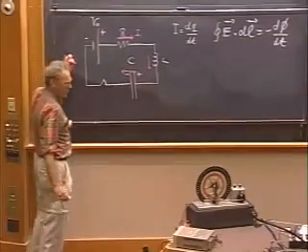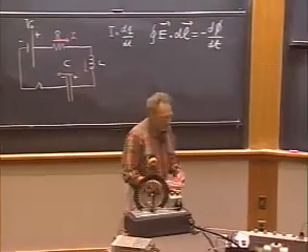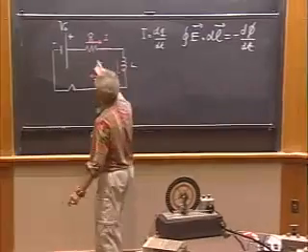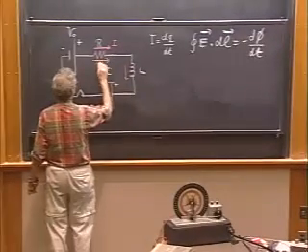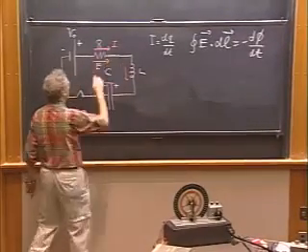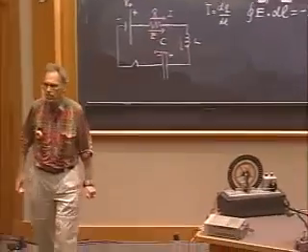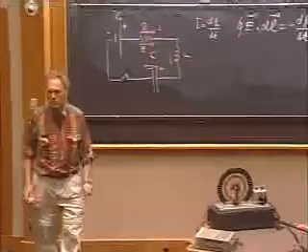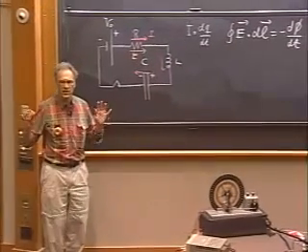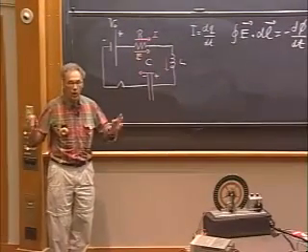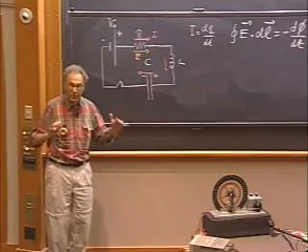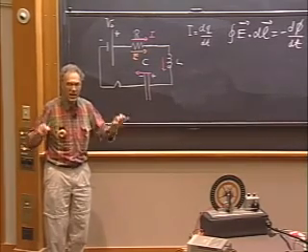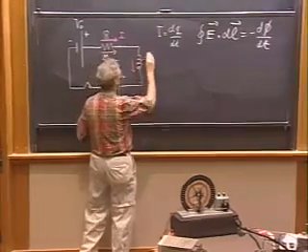And so I want to know what the E vectors are in each one of these components. If the current is in this direction, then the electric field in the resistor is in this direction. The self-inductor is made of superconducting wire, so there is never any E field inside a self-inductor. Unlike what many EE people think, there is never any electric field inside a self-inductor.